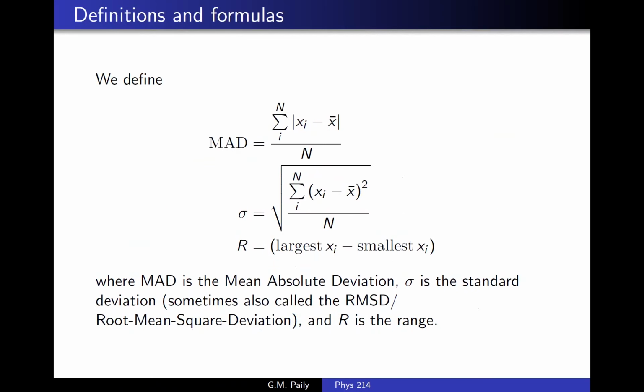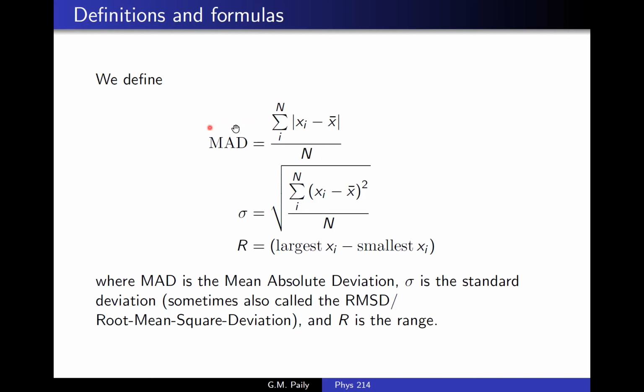A few formulas and definitions. It's fairly self-explanatory. MAD here is the mean absolute deviation. Basically, what we're doing is finding the absolute value of the difference between xi and the average value of x, adding up all those deviations and dividing by n.